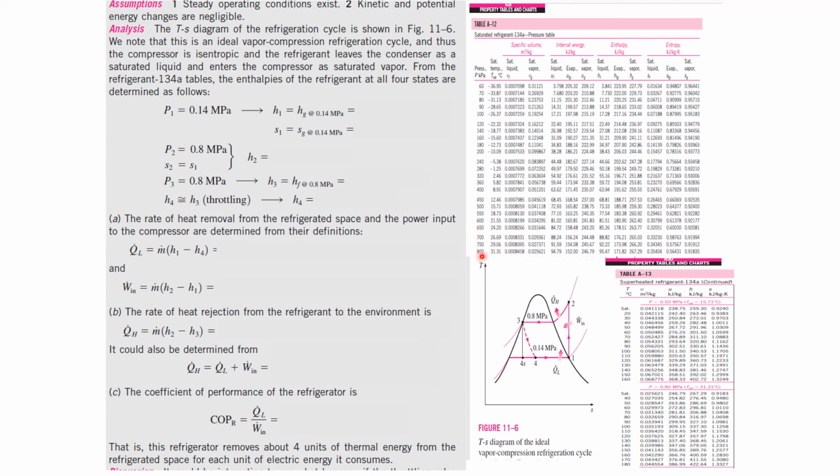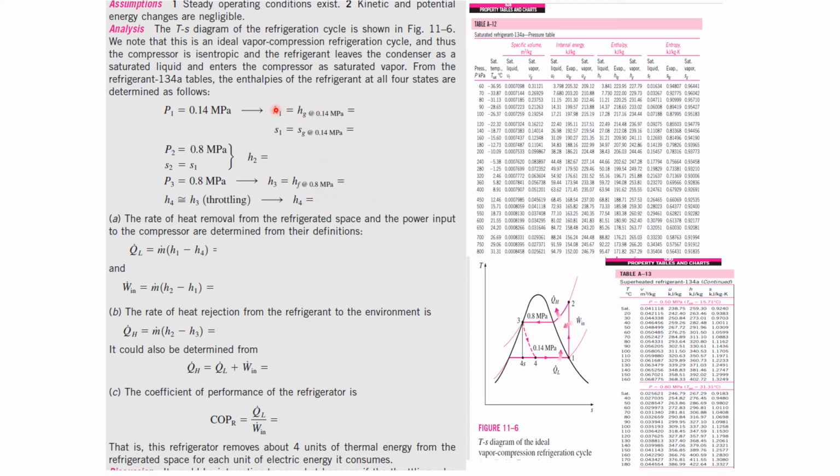So based on this 800 kilopascal, we find what is our saturated refrigerant, but not Hg, it is Hf. So we come to this saturated liquid, we get the value 95.47. So that is your H3. Now H4 is almost approximated equal to H3, throttling. So the same value here, you can write it down as the value for H4.